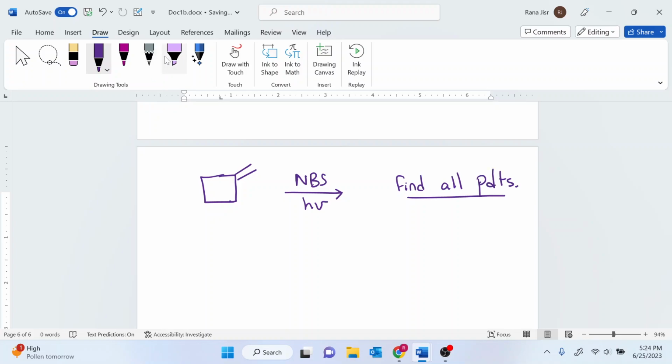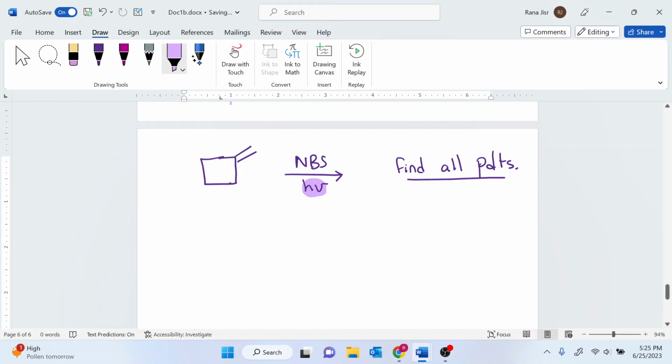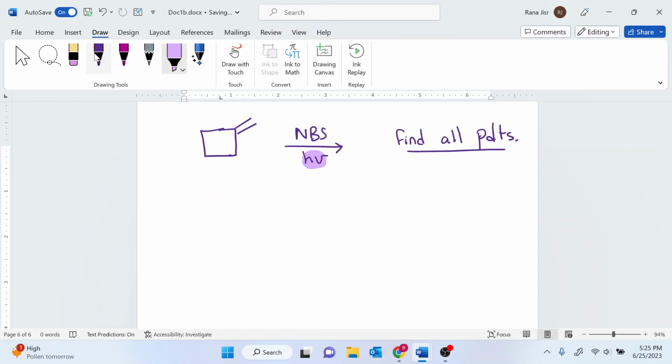Okay. Now, the moment you see light, then you know that this is a free radical reaction. It goes by a homolytic cleavage. And homolytic cleavage means three steps: initiation, propagation, and termination. Let's start with the initiation. In the initiation, you have your N-bromosuccinimide, and you're going to react this with light.